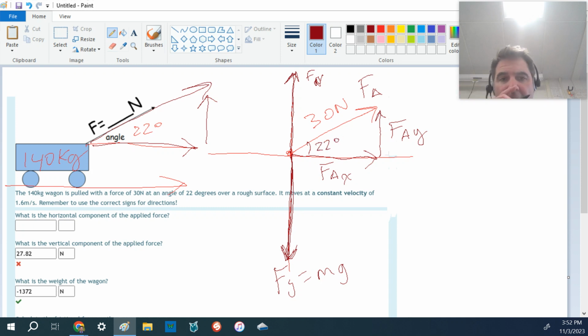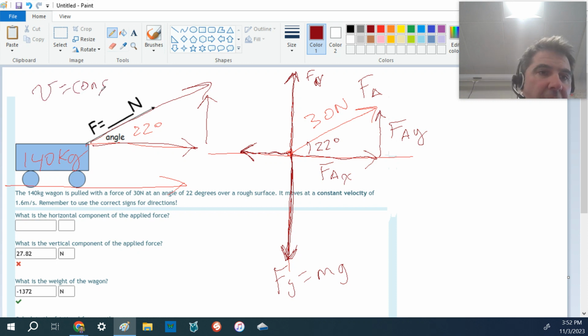It's shown right there. Now, the object says that it's a rough surface, and a rough surface means it's going to have some friction. And I think it's being pulled at constant velocity. So constant velocity means v equals constant. If constant velocity, that means a equals 0. That's pretty important.